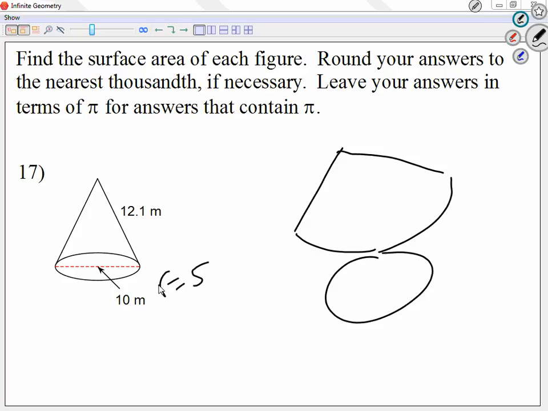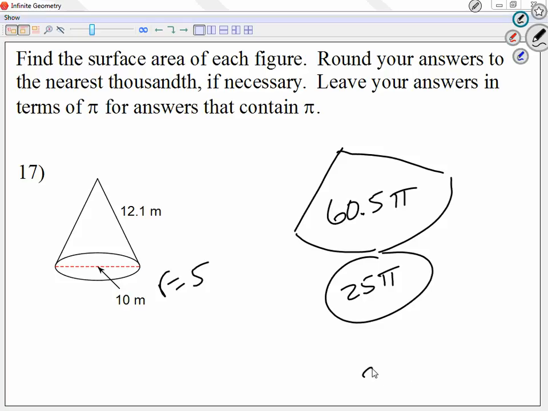Right? The diameter is 10, so my radius is 5. So for my circle, I'm going to get 25 pi, right, radius squared. For the other side, radius times 12.1, that should be 60.5. I just went 12.1 times 5, so 60.5.